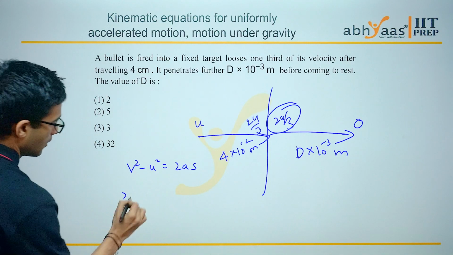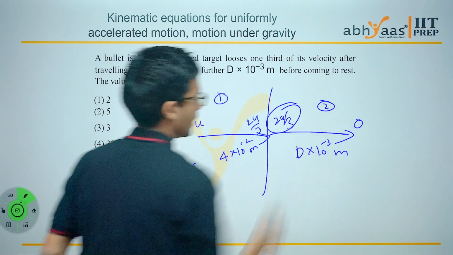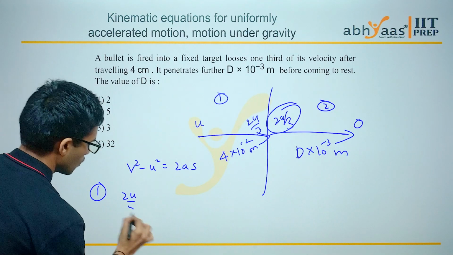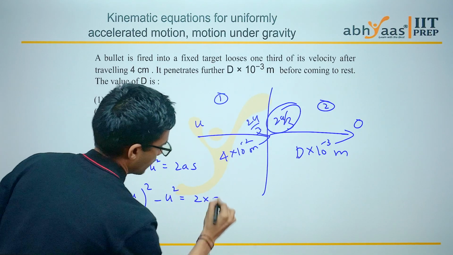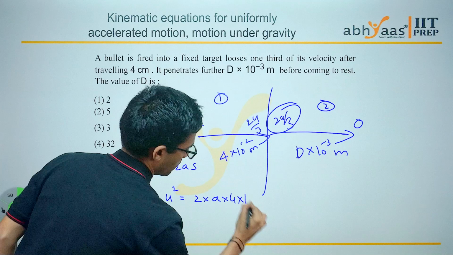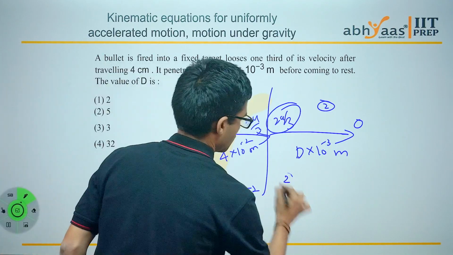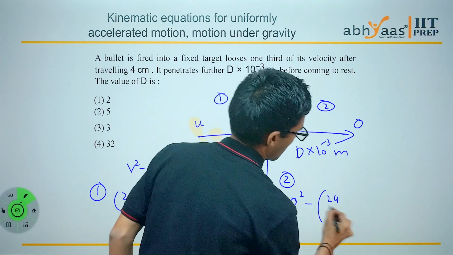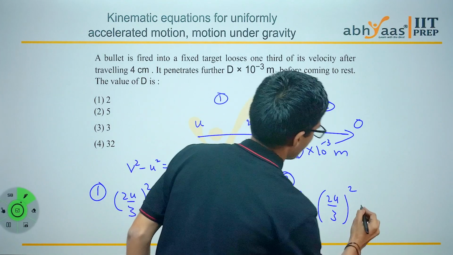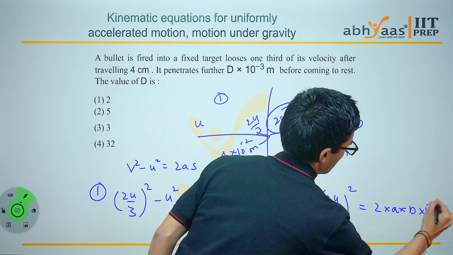Here if you apply it to the first part, 2u by 3 square minus u square is equal to 2 into a into 4 into 10 power minus 2. Another one here if you apply: 0 square minus 2u by 3 square is equal to 2 into a into d into 10 power minus 3.